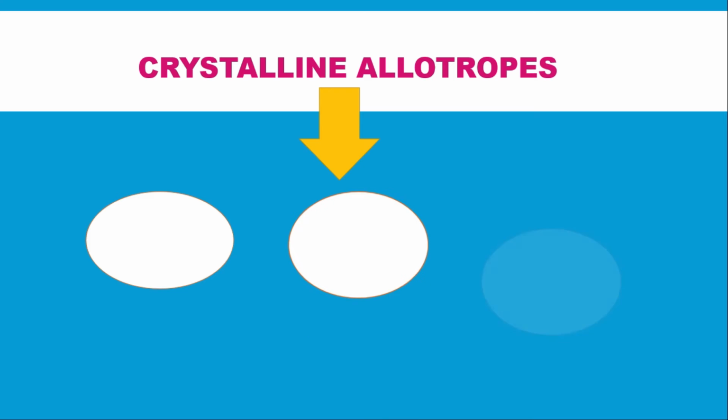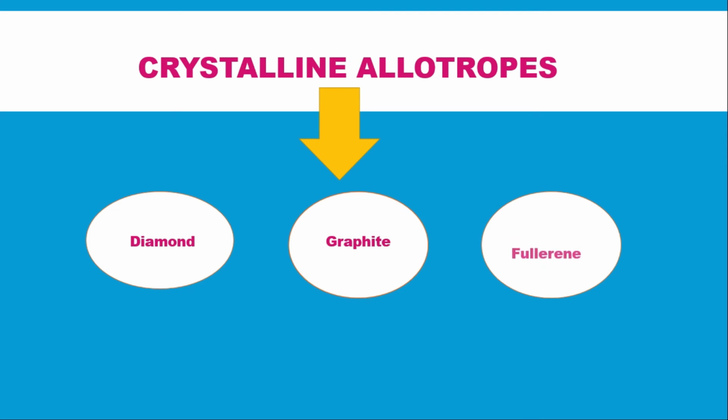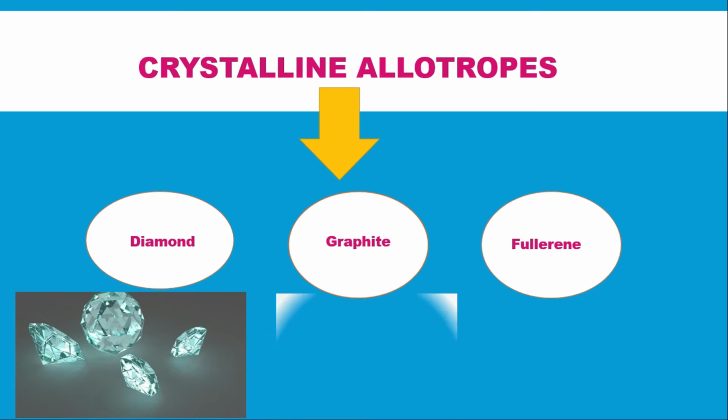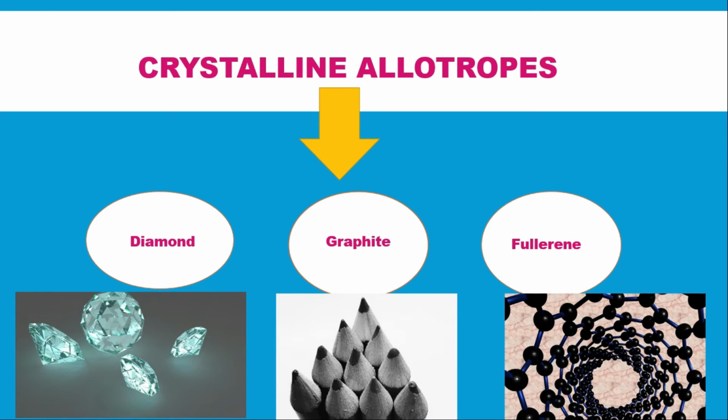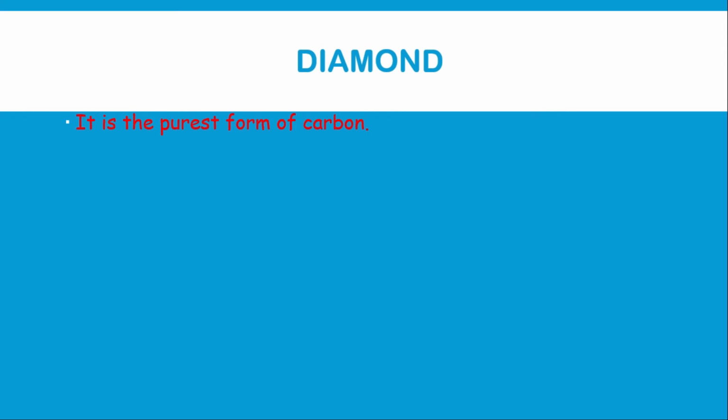Now when we talk about crystalline form, there are different forms again in crystalline. You can see there are three main types, which is the diamond, the graphite and the fullerene. And the arrangement of carbon atoms is symmetrical, that is why they are the crystalline form. When we talk about the diamond in detail, you can say that it is the purest form of carbon, and it is also a very well known allotrope.